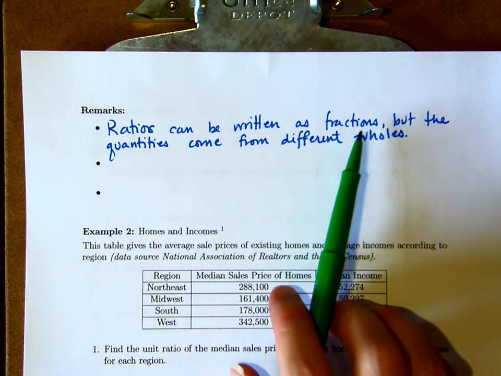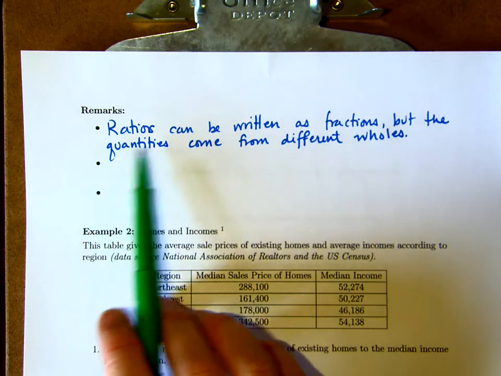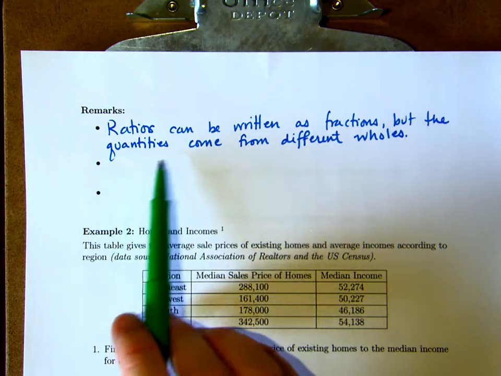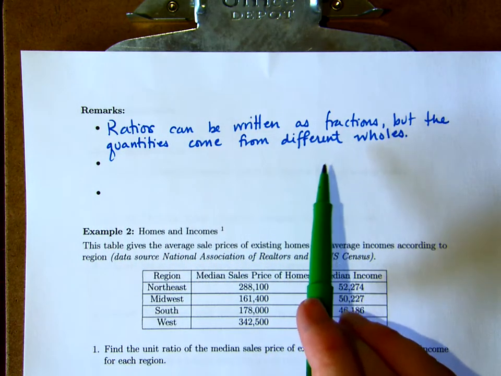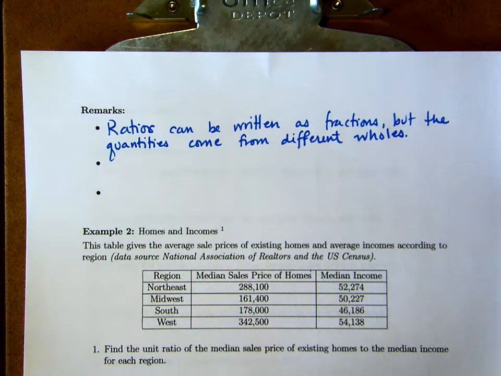Fractions can be rewritten and labeled as ratios, but ratios sometimes come from completely different wholes. For instance, miles and hours. They're very unlike quantities, but we write them together as a rate.